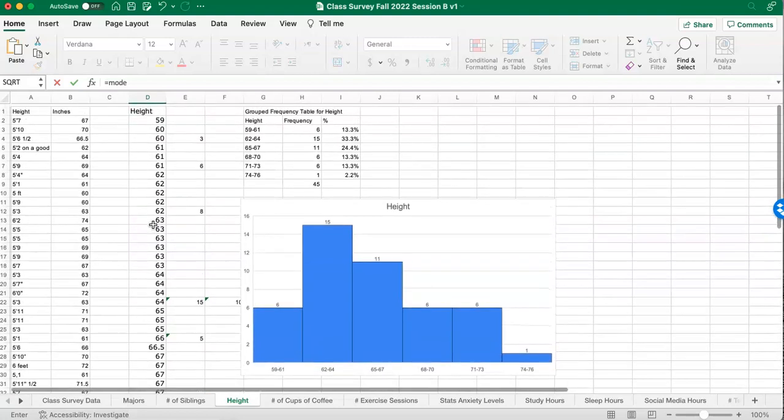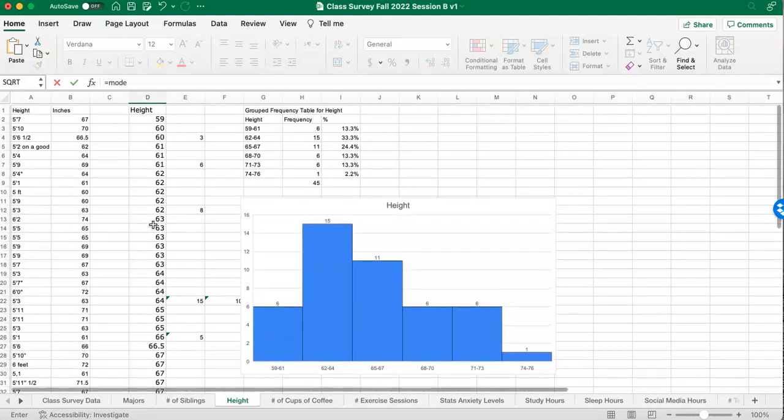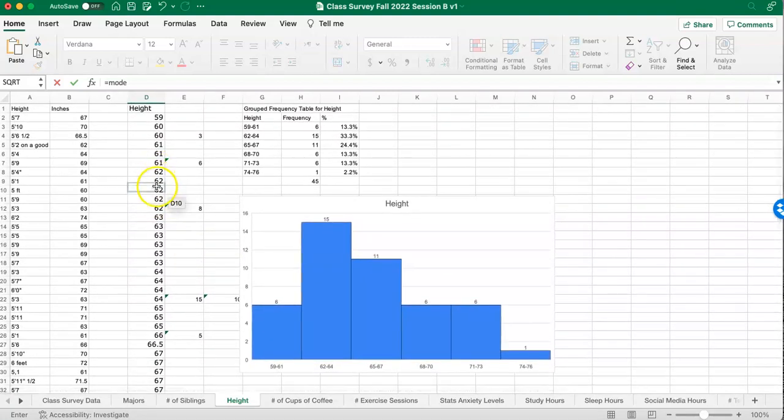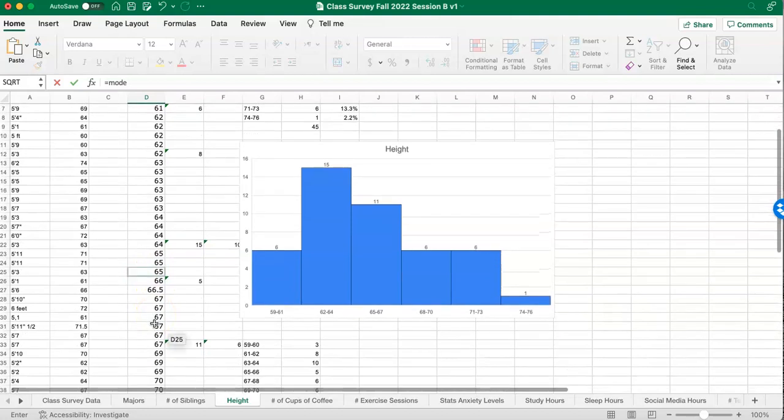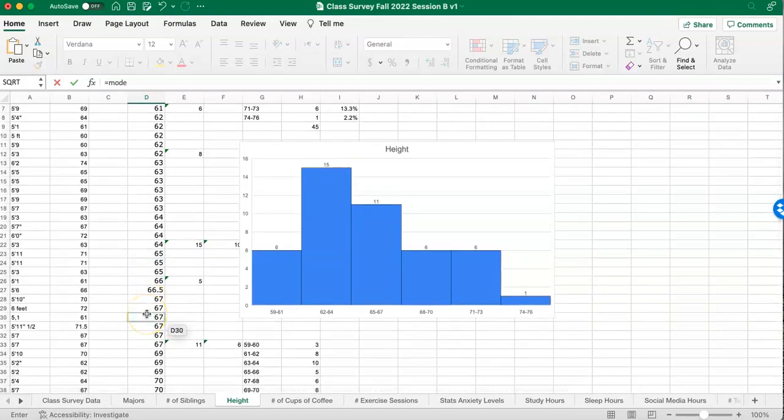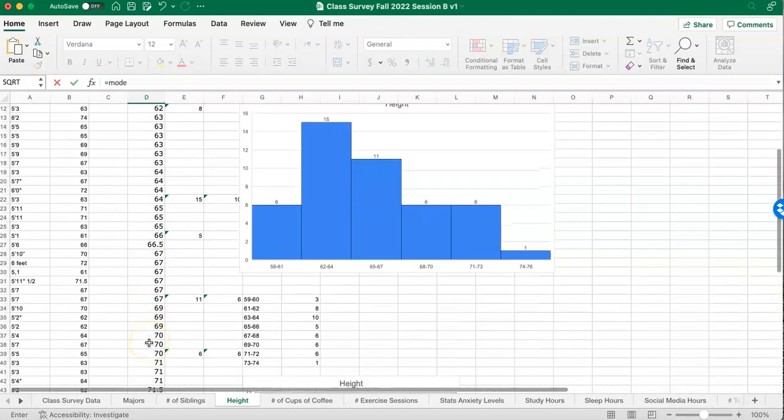Is there only one mode? Oh, there's multiple modes.